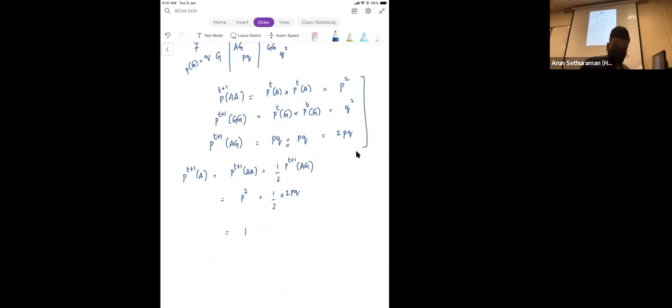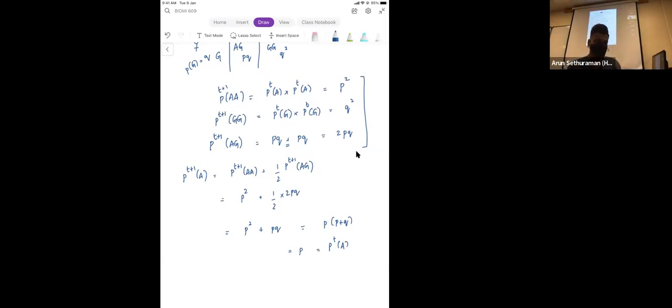So this is just P squared plus PQ, which is just P times P plus Q. But what do we know about P plus Q? P plus Q is equal to 1, right? Allele frequencies must always add to 1. So in other words, the allele frequency in the next generation stays the same. So the frequency of the allele after one generation of random mating always stays the same.